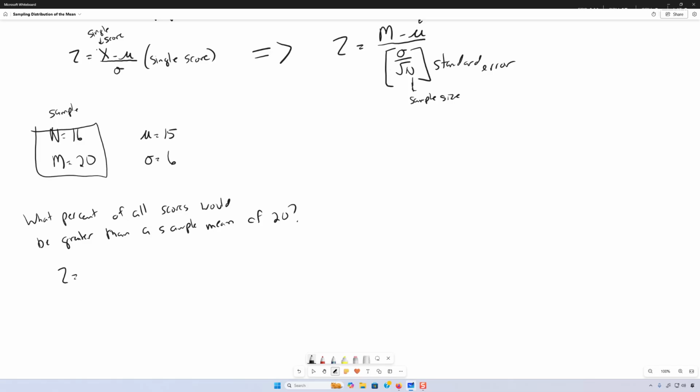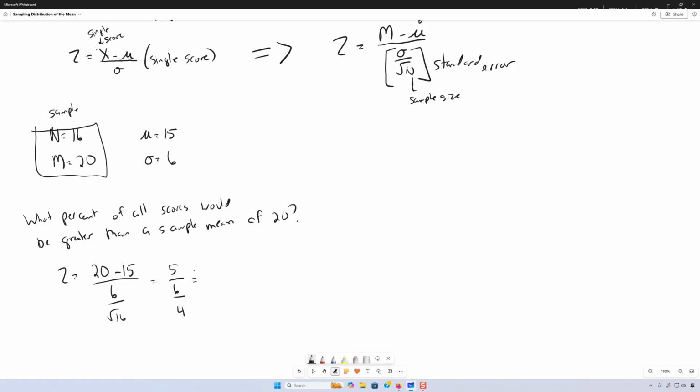So z is going to be our mean, which is 20, minus the population mean, which is 15, over sigma, which is 6, divided by the square root of n, where n is 16, so the square root is 4. That gives me 5 over 6 over 4.